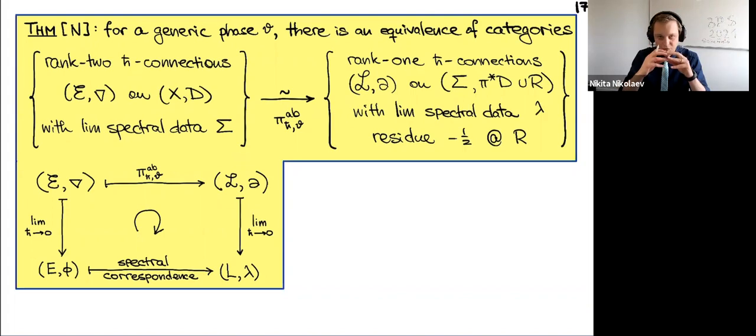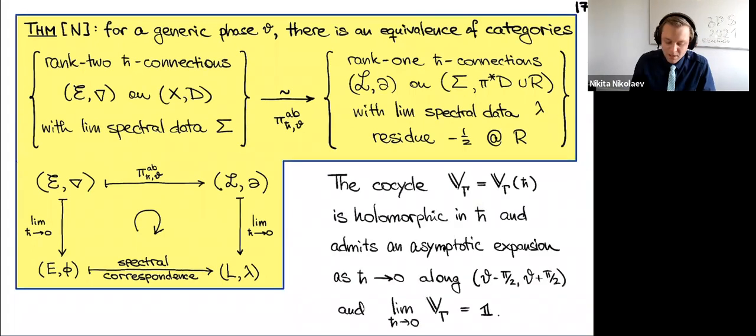By following the exact same procedure, except by using the WKB filtrations, you actually get that defines a functor. That defines a functor now between these categories of H-bar connections.